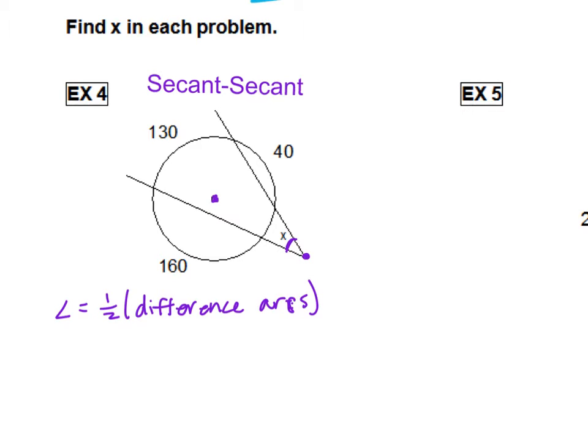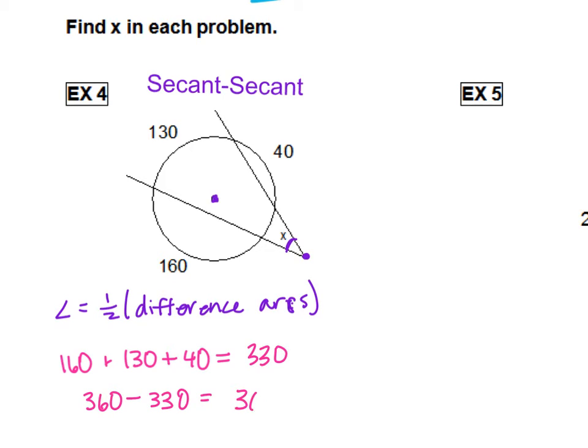So if we take that 160 plus the 130 plus the 40, that's going to give us 330, and then we'll just subtract that from the total circle. 360 minus 330 gives us a 30-degree arc. So this arc is 30 degrees right there.